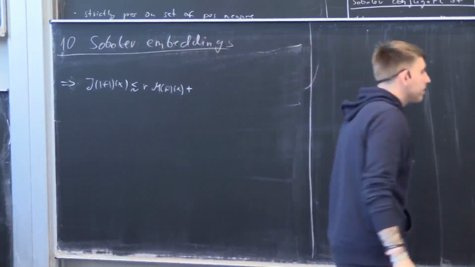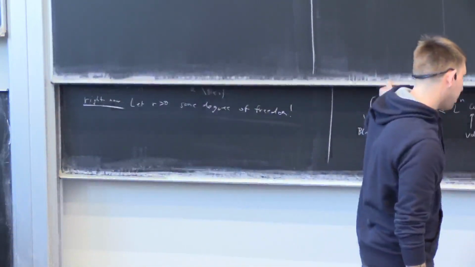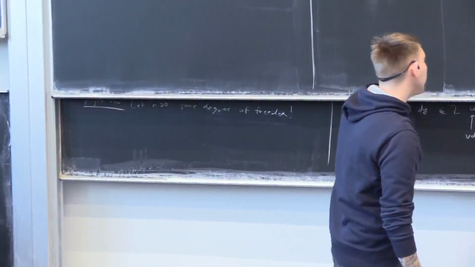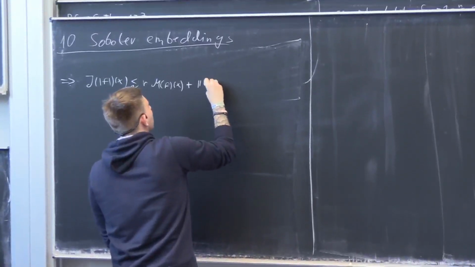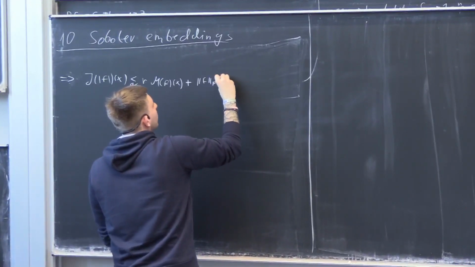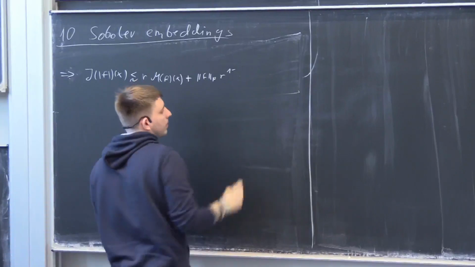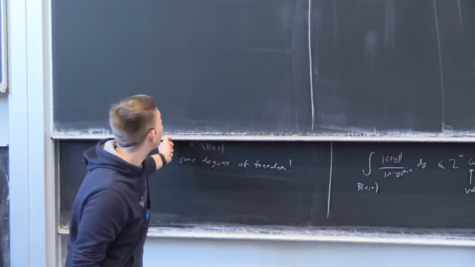So this was f in p norm times r to the 1 minus n over p.